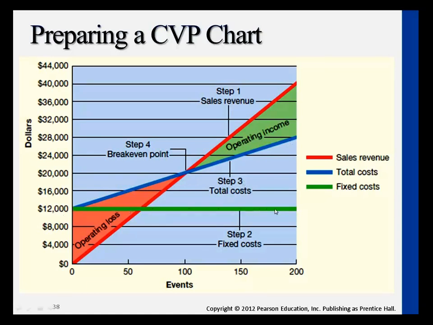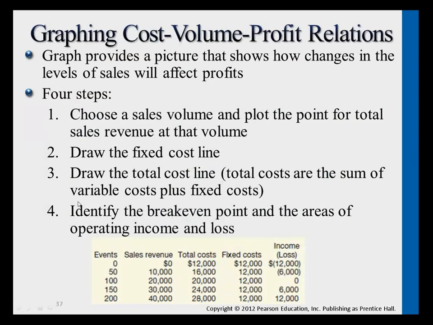And that's my 12,000 that we just put on the graph that was fixed cost. So I used 1 point here, and I used 1 point at the fixed cost, and that's my blue line as a total cost. Okay? The last one will identify the break-even point and the areas of operating income and loss.